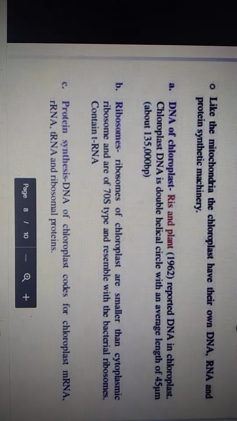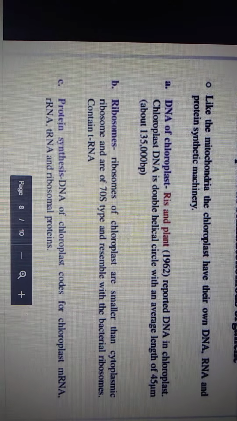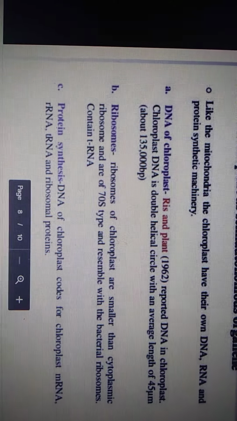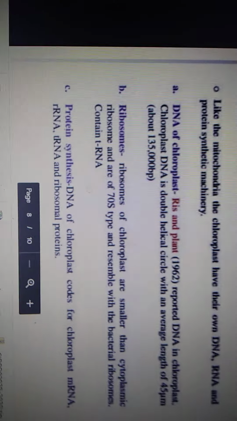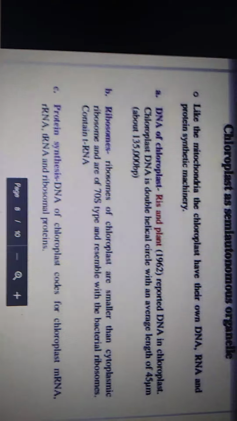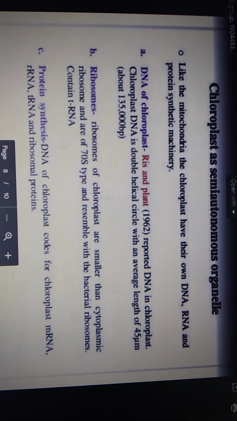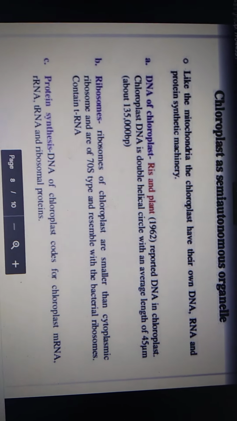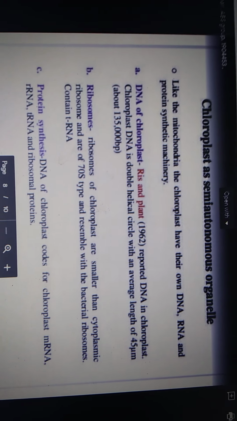It is also endosymbiotic in origin, meaning it was earlier an independent bacterium which was engulfed by a eukaryotic cell, and it established a symbiotic relation with that cell, and thus became a part of that eukaryotic cell.